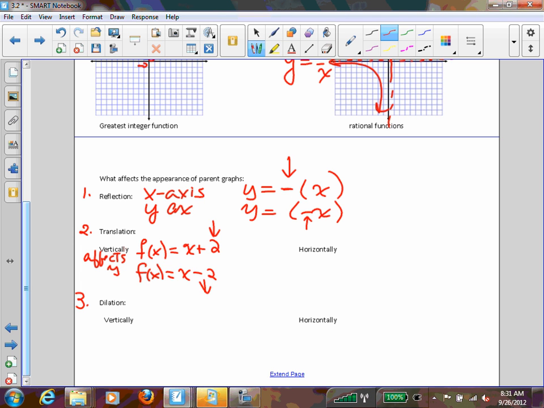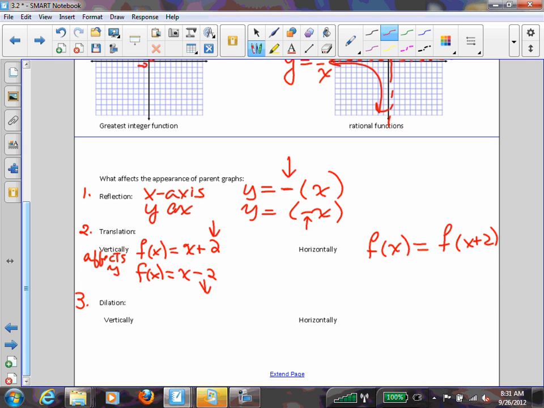Now, horizontally, then you've got something like this. F of x is equal to f of x plus 2. Basically, I'm saying it's going to be associated in parentheses with the x. So not outside the parentheses, but inside the parentheses, okay? So just like our vertices on our absolute value, it's the opposite sign, isn't it?